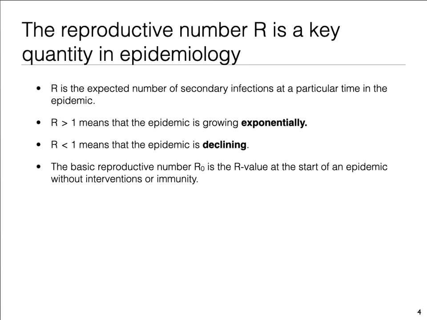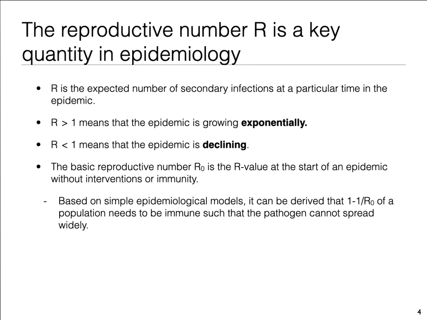However, the R value not only tells us something about the dynamics as of today, so how the epidemic is unfolding, it provides further information, in particular through the basic reproductive number R0, which is the R value at the start of an epidemic before we had any interventions or immunity in the population.